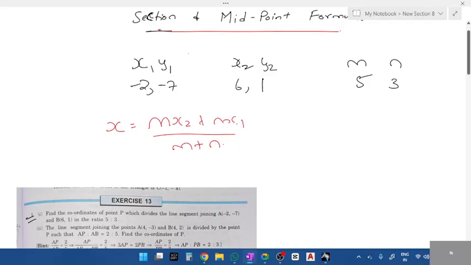Fine. Tell me, Ivania, what did you say? Okay, X and Y coordinates. What about this X1, Y1? Even they are coordinates. Fine. And the coordinates of point P.